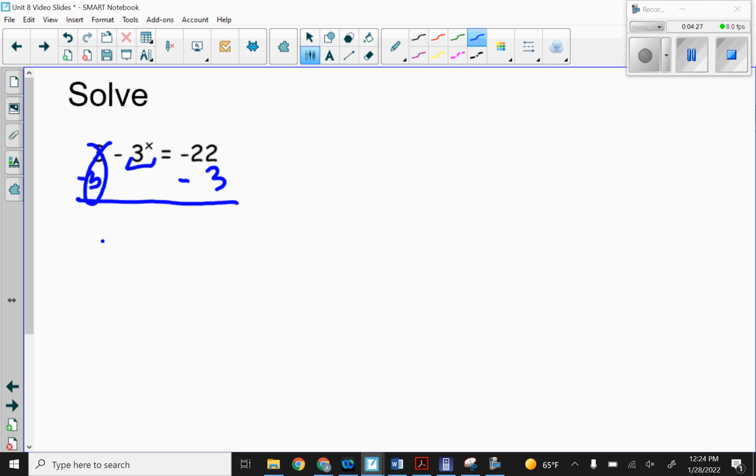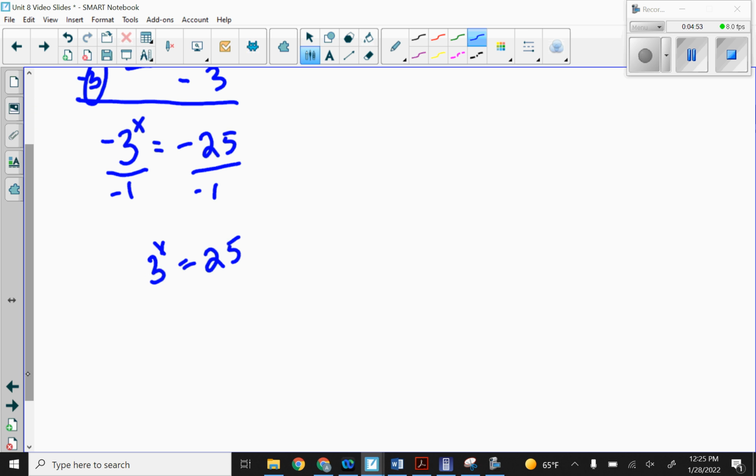So now we have negative 3 to the x equals negative 25. Now whatever has our exponent on it, we want to be positive. So to get rid of that negative, divide by a negative. So now we have 3 to the x equals positive 25.